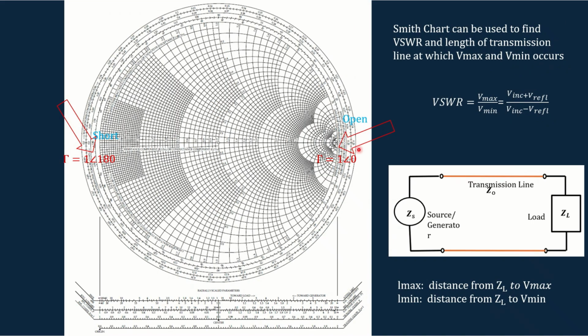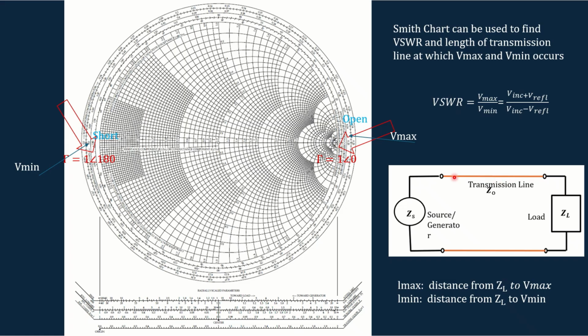That means on the Smith chart, the short is the position of V minimum and the open is the position of V maximum. In the transmission line, this position we consider as Vmax and this position as Vmin.